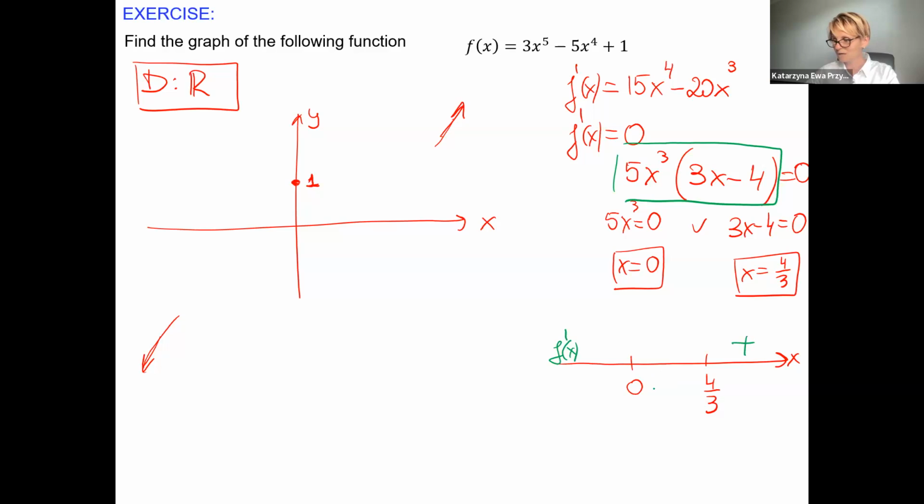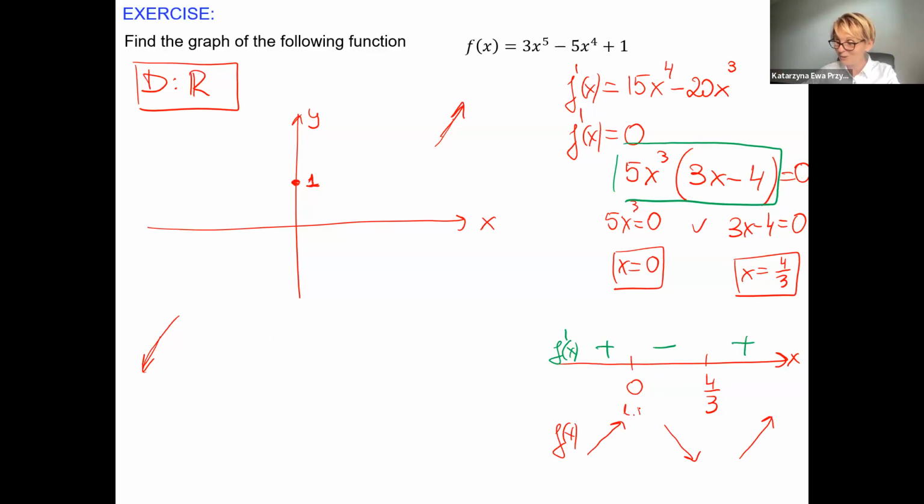When x is maybe 1, 3 minus 4 is negative. When x is a big negative number, like -1, -100, -1000, 5x cubed will be negative and 3x minus 4 will be negative, and negative times negative is positive. That means the function is increasing, decreasing, increasing.